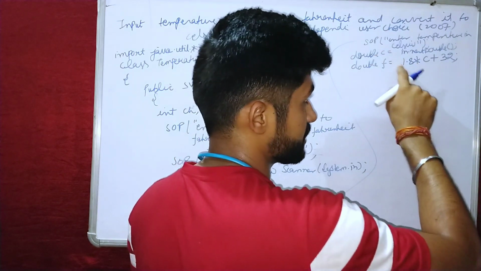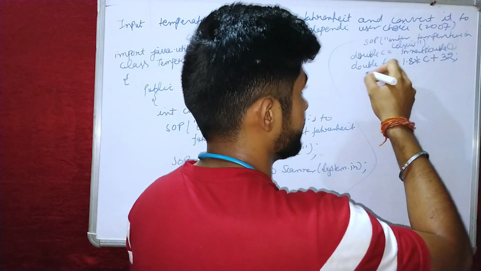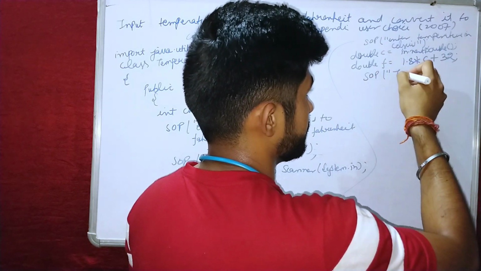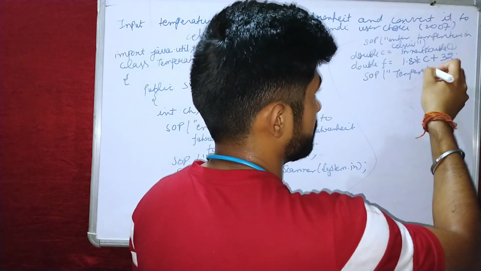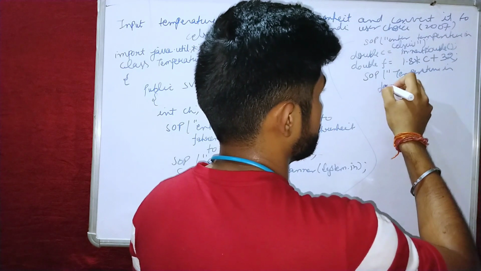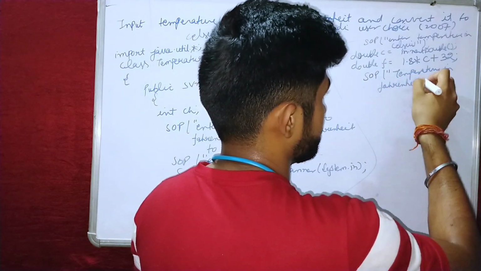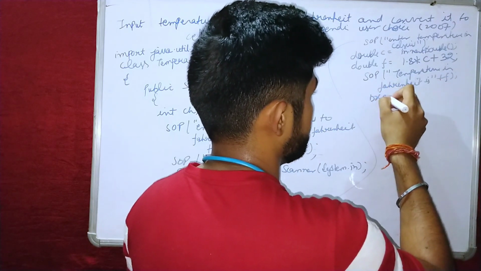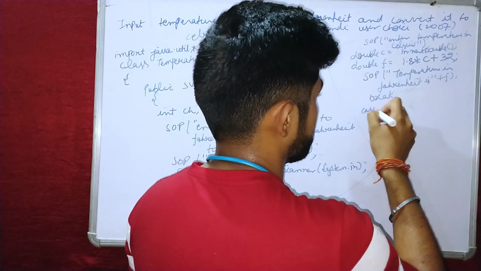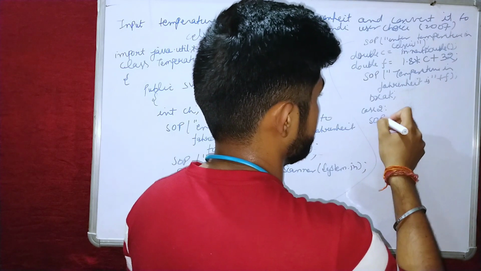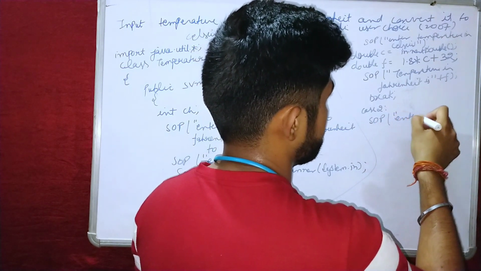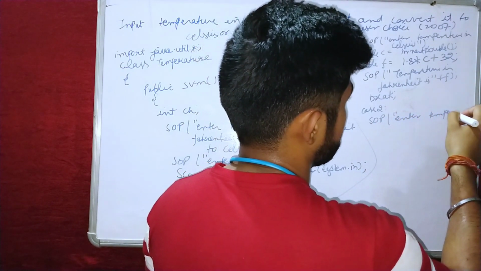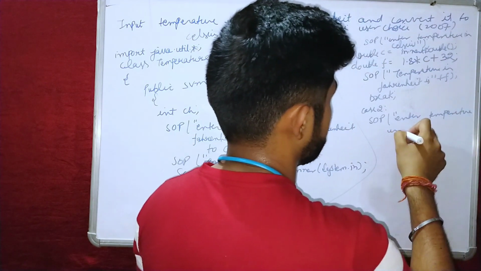You have converted this temperature to Fahrenheit using this formula. Now print the temperature in Fahrenheit. Temperature in Fahrenheit is plus F. Break the case. Write case 2. SOP: Enter temperature in Fahrenheit.